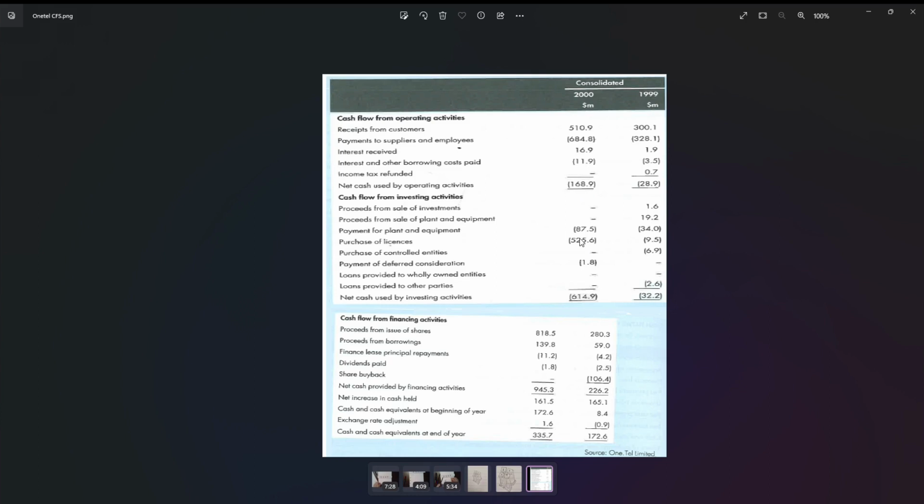Going on to its investing activities, it had purchased quite a few more licenses, and this also resulted in a much larger decrease. This was all supported by the issuance of shares and borrowings, the result of which at the end was a net cash increase with a healthier and more abundant net cash balance.